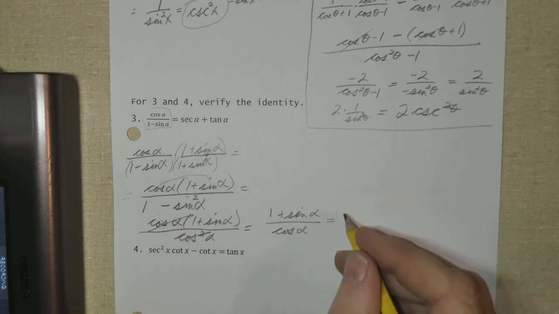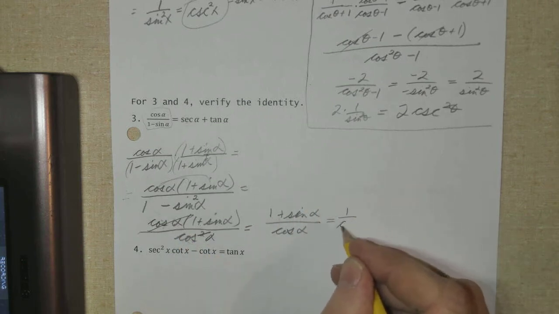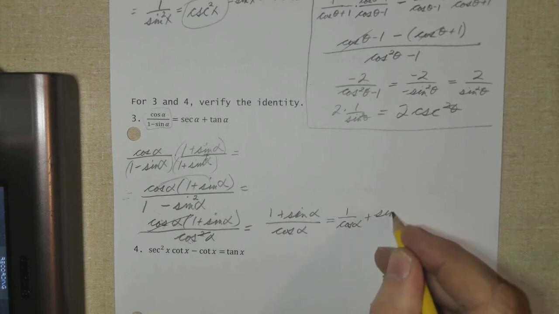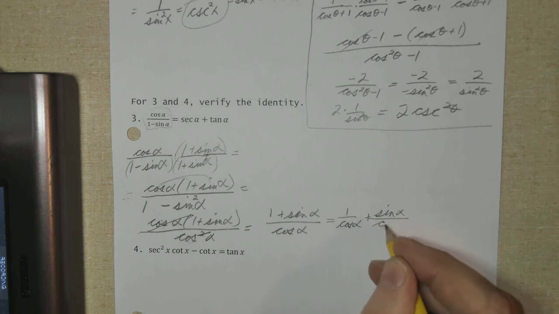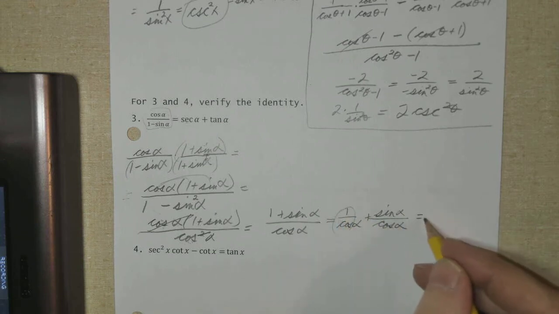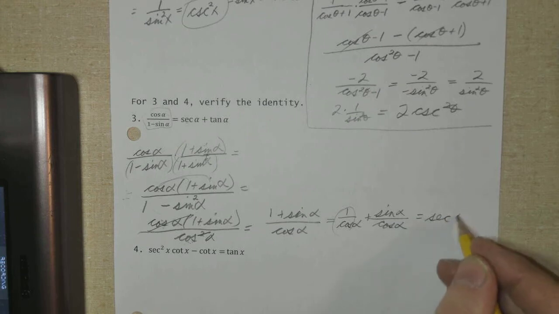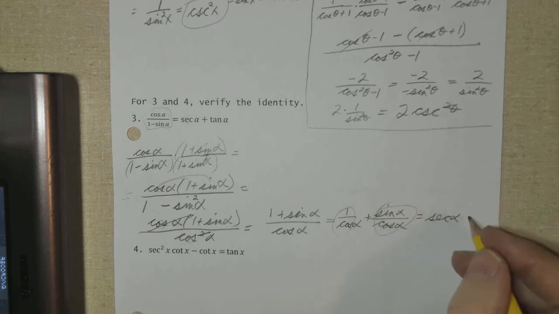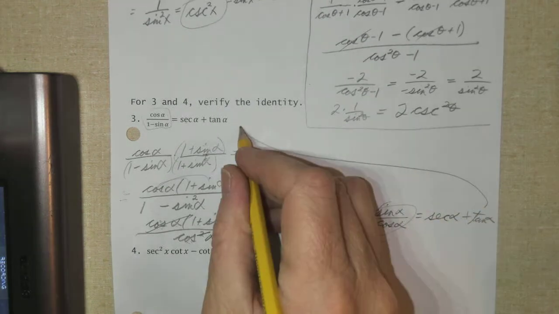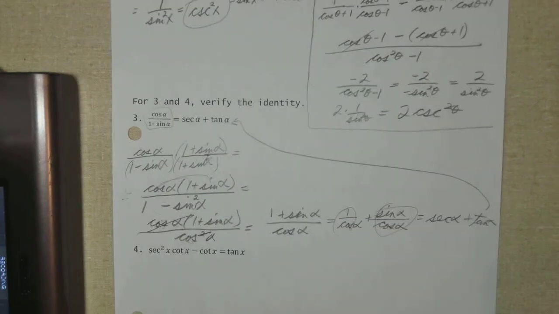And I can split up this numerator into two fractions here. 1 over cosine alpha plus sine alpha over cosine alpha. And 1 over cosine alpha is secant alpha, and sine over cosine is tangent alpha. So secant alpha plus tangent alpha leads us to what we were looking for.